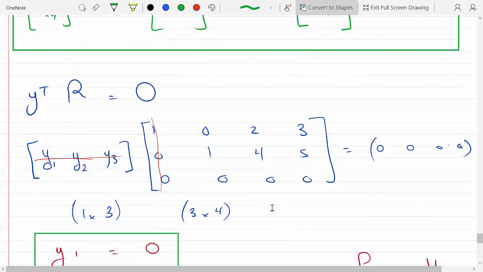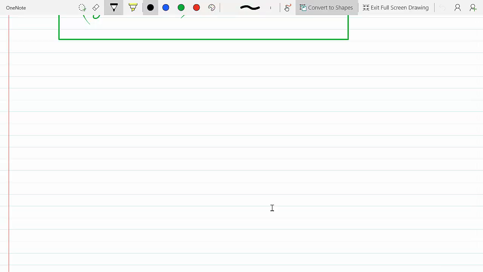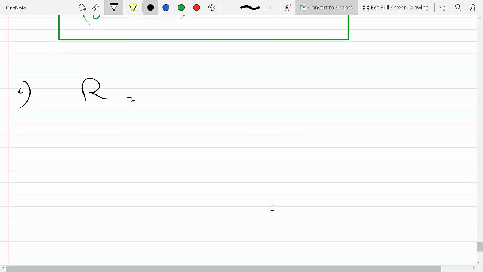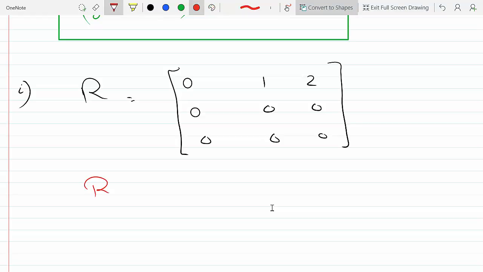Okay, now moving on to the second matrix, which is R. So I'm gonna do the second part of the question, where R now is 0, 1, 2, 0, 0, 0, 0, 0, 0. Okay, and we need to find solutions in the form Rx equals 0. So this is gonna be similar to the first question, where x will equal x1, x2, x3, a column vector 3 by 1.